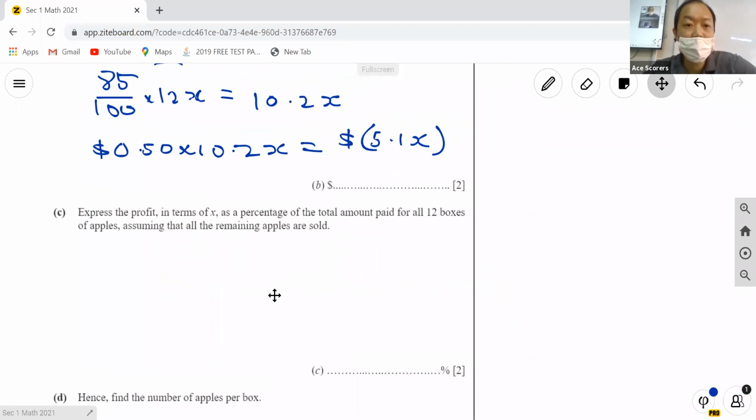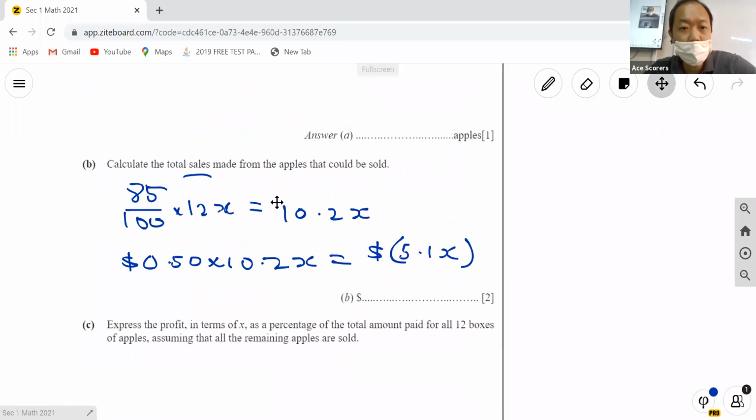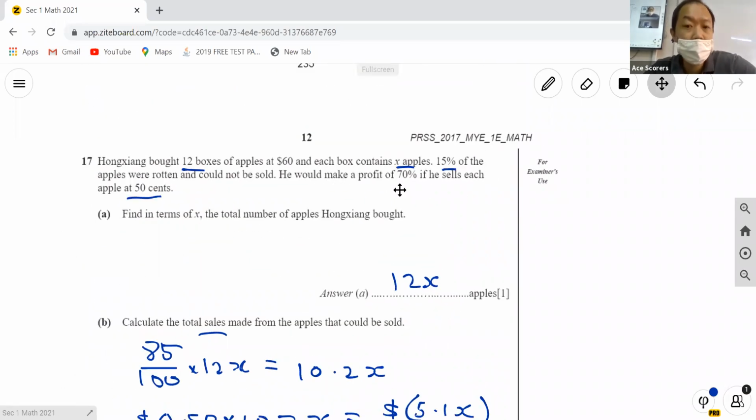Express the profit in terms of x as a percentage of the total amount paid for all 12 boxes, assuming that all the remaining apples are sold. Alright, so the profit was 70%.